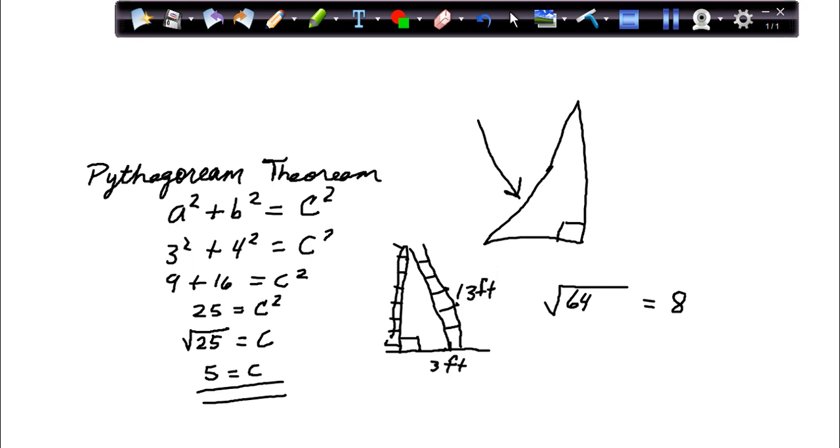Let's plug it in here. We'll do it right next to it. So a squared is what? That's one of the legs. We're going to use 3 squared. We do not have a value for b, the other leg.